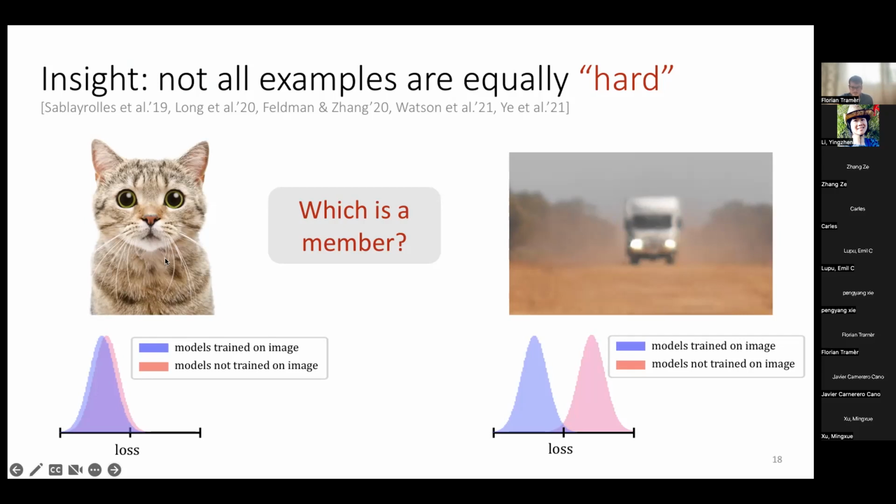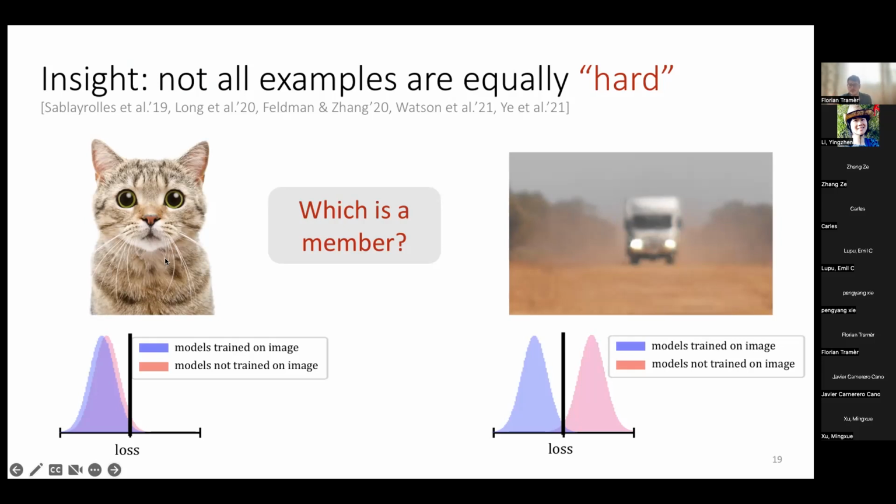So what this means is if you try to pick a threshold on the loss to determine whether you're looking at a model that was trained on this particular image or not, there's not going to be a single threshold that is optimal for all inputs. For some images that are very easy to learn, in distribution, it might be very hard to determine whether they were in the training set or not.